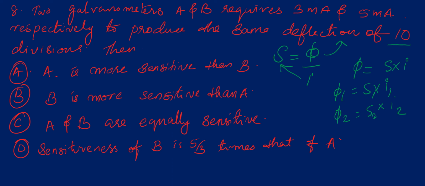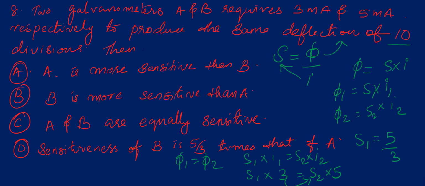Here deflections are same, that means phi 1 equal to phi 2, or we can write S1 I1 equal to S2 I2. S1 into I1 is 3, S2 into I2 is 5. So S1 is, 3 will go to the other side, 5 by 3 S2.